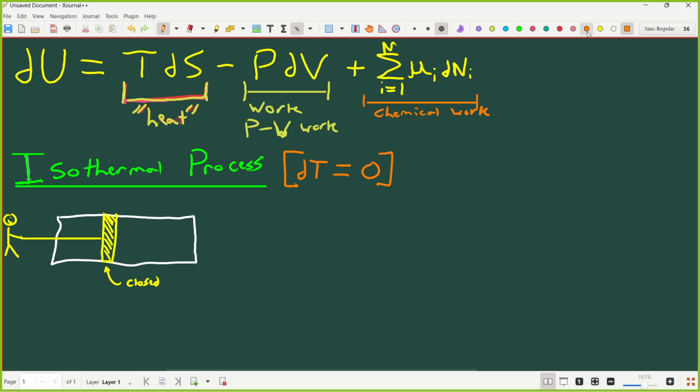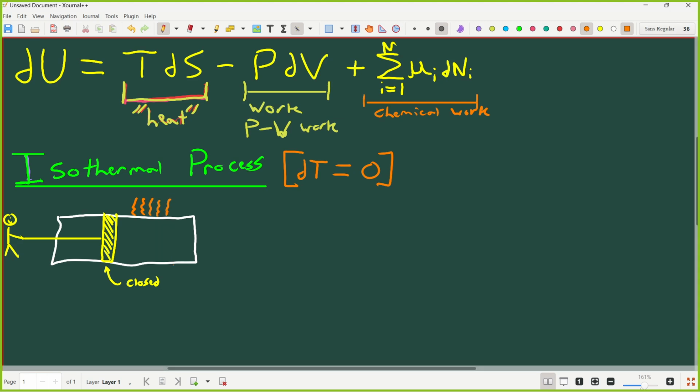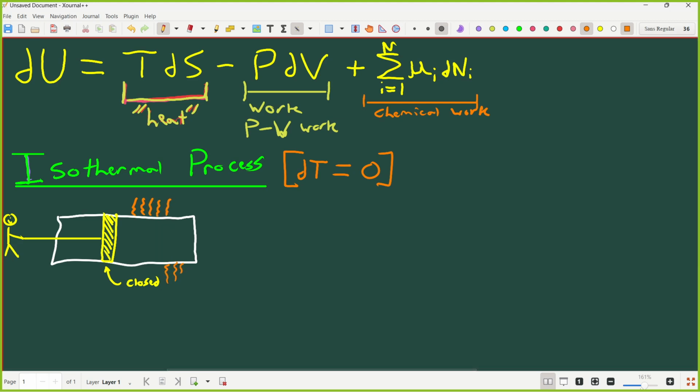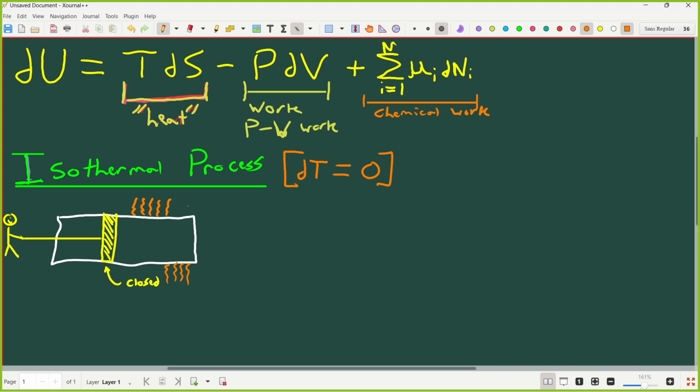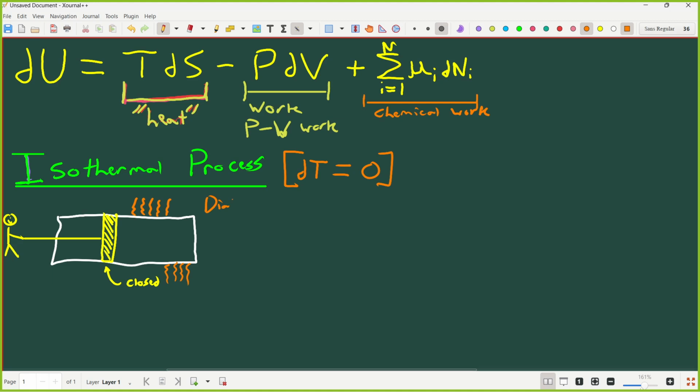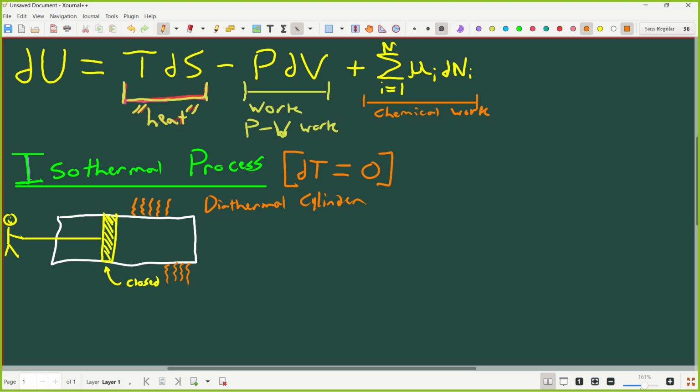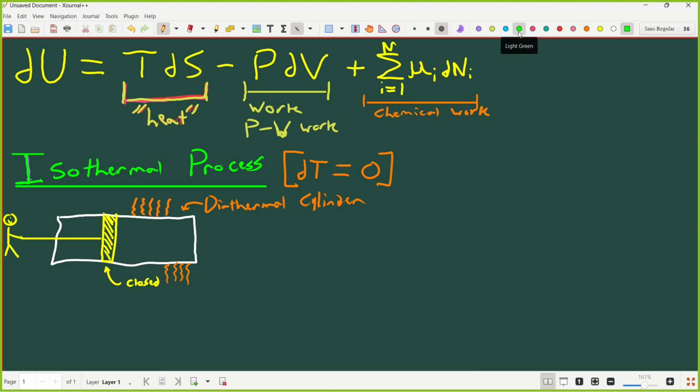The way I'm going to represent exchanging heat are these little squiggly lines that mean you can exchange heat in and out of it, right? It's a diathermal cylinder.